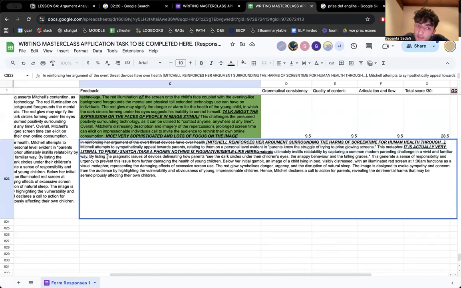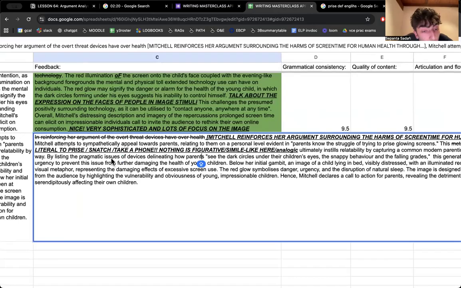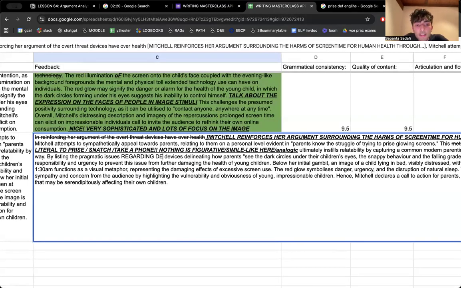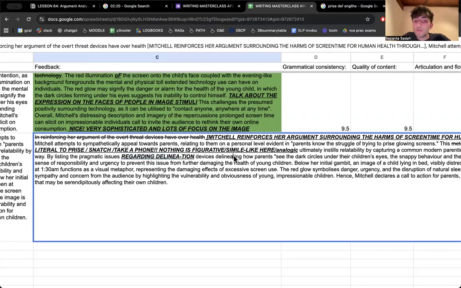Who wrote this? That's nice wording. By listing the pragmatic issues of how devices, pragmatic issues regarding delineation. Look at me using shun. Guys, every time you have the chance to use a word with shun, please do.